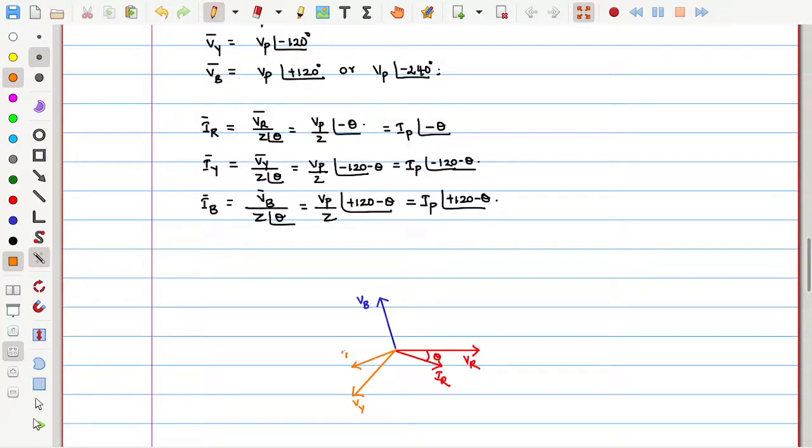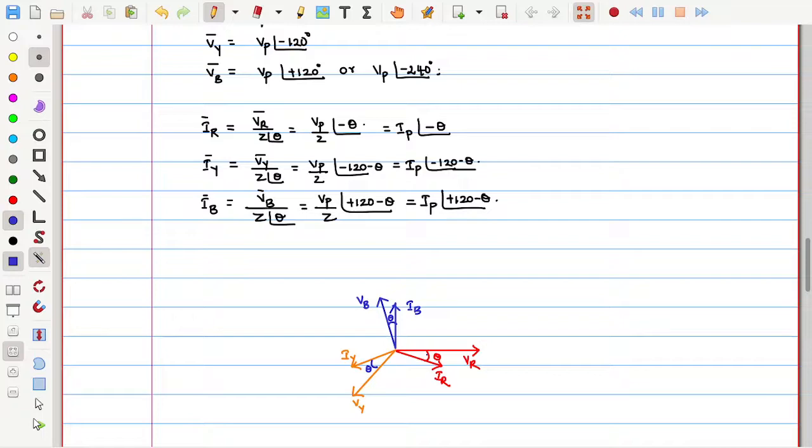This is IY. Similarly, IB lags VB by theta. This is IB. These angles are theta, this is also theta, this is also theta. So phase currents lag their corresponding phase voltages by an angle theta. That should be understood carefully.